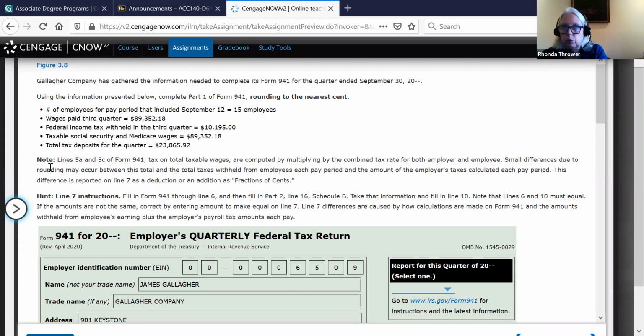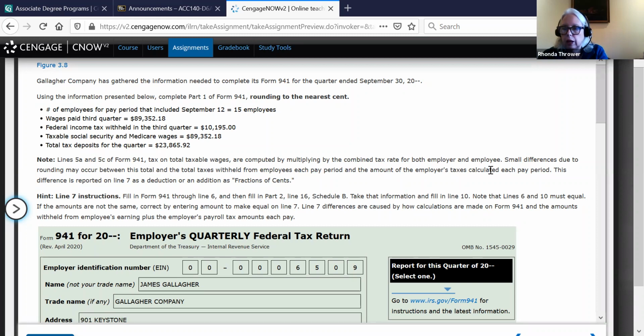They've given you some notes and hints that are very important when you're filling out this return on Cengage. It says note, lines 5A and 5C of Form 941, tax on total taxable wages, are computed by multiplying by the combined tax rate for both the employer and the employee.